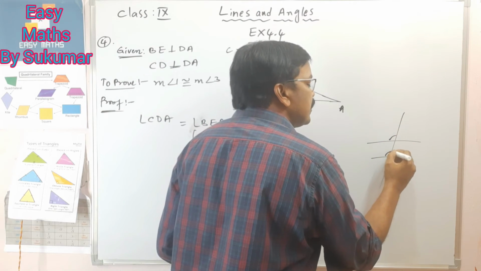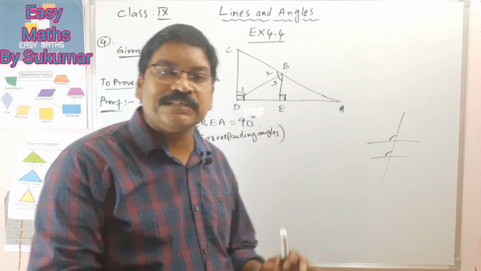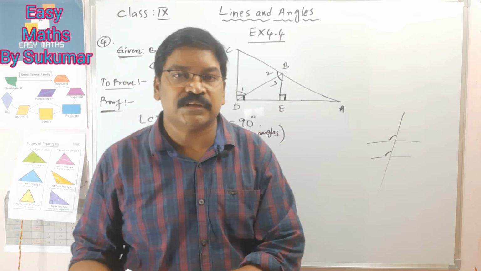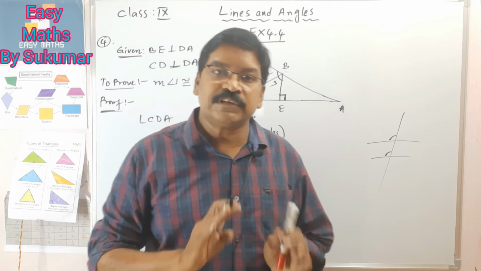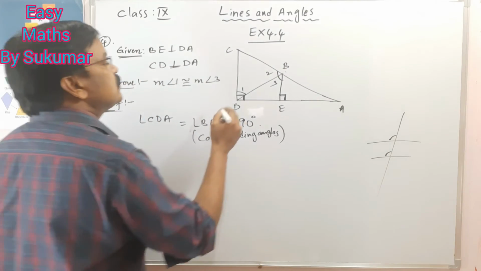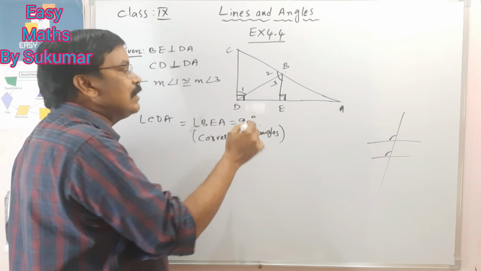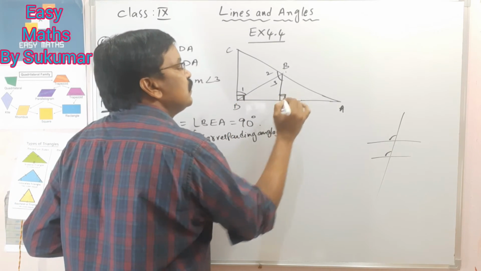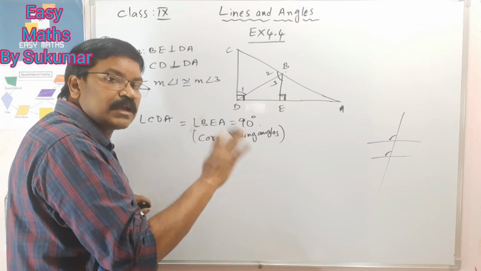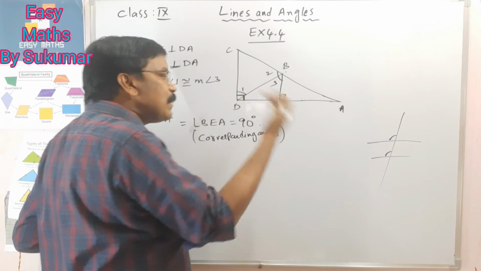One is interior, the other is exterior, and they are on the same side of the transversal. If you imagine CD and BE are parallel, then these are called corresponding angles. When the corresponding angles are equal, the two lines are parallel.